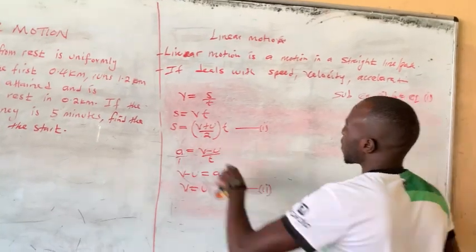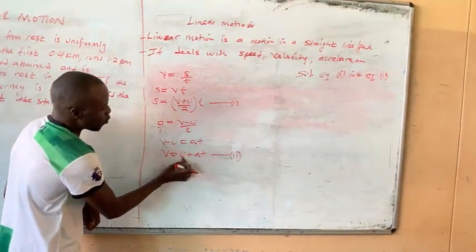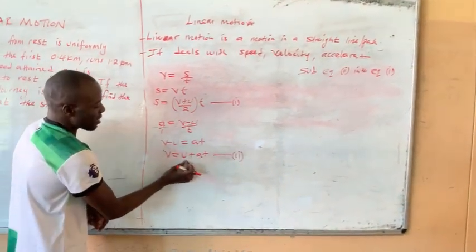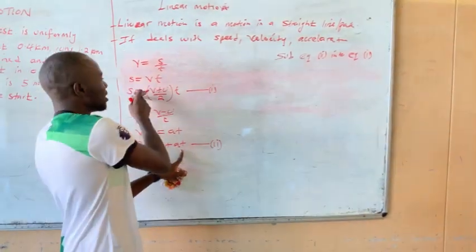Where there is v, since v is equal to u plus at, we put u plus at in this equation here.